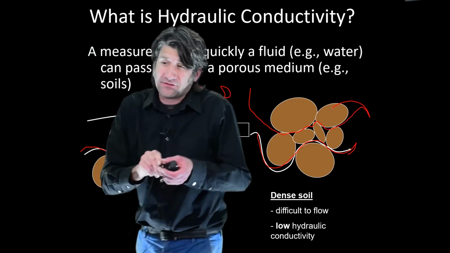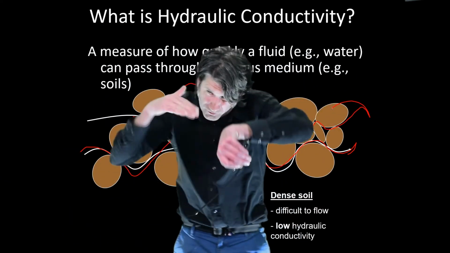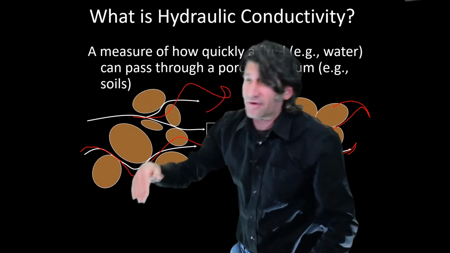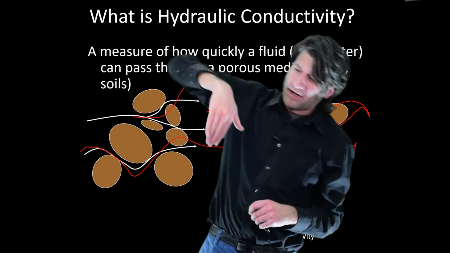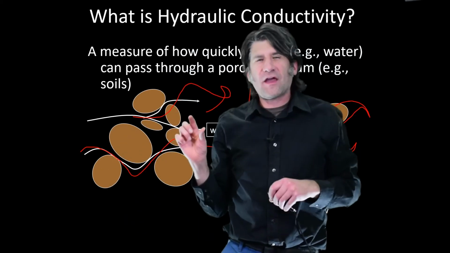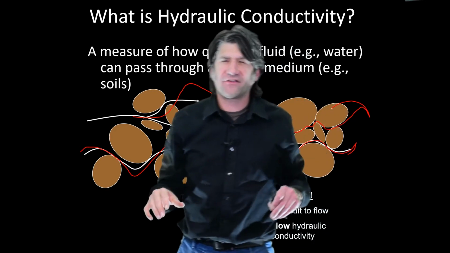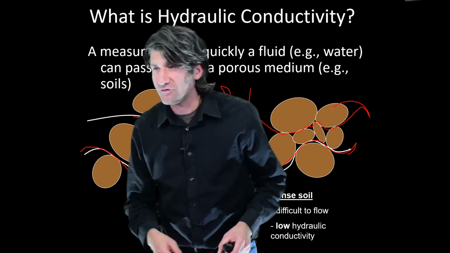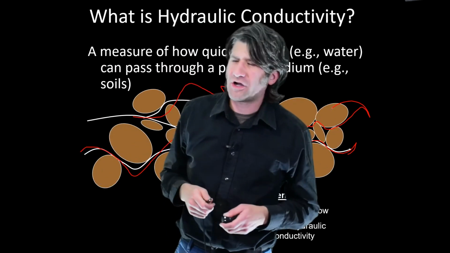In that case, it's very tortuous. The water goes up and over one particle and then down under another, then up over one and down. And so when you have a lot of flow pathways that are really small, then that water can't move very fast. Our hydraulic conductivity goes down. So high conductivity, low conductivity.